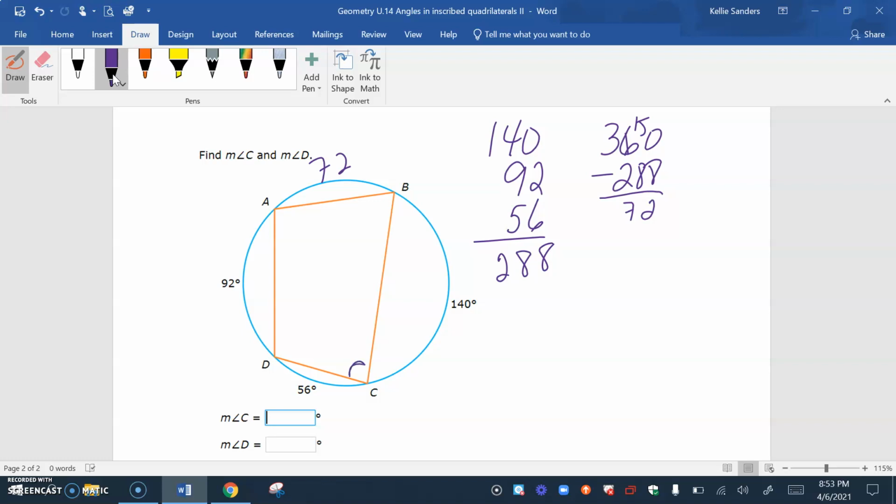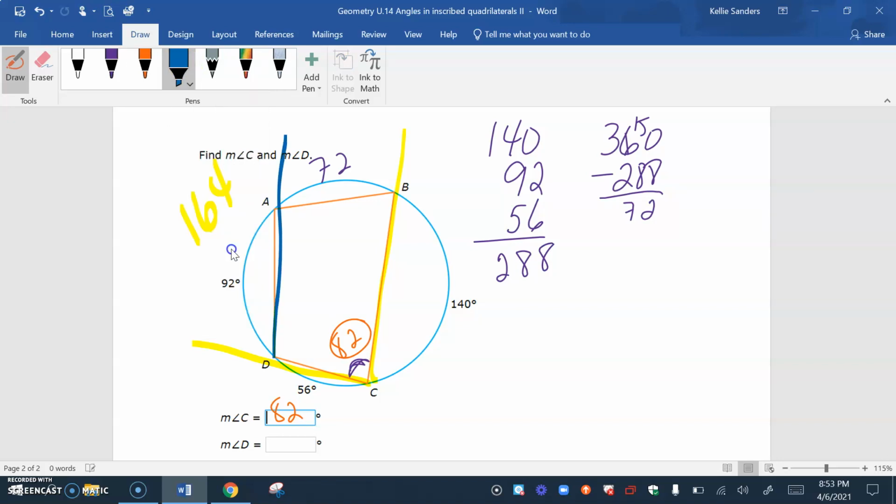So first one I'm looking for is C. So 92 plus 72 is 164. And if I divide that by 2, I get 82. 82.